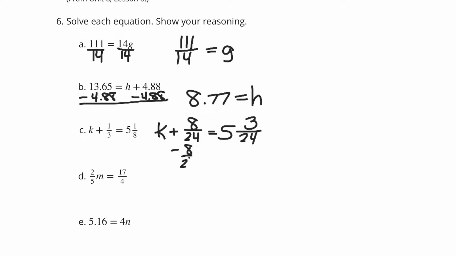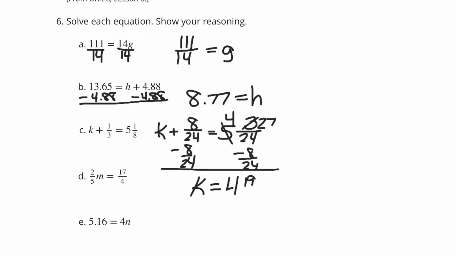Subtract the 8/24ths from both sides, and you get k equals, well, we got to do some borrowing here, unbundle. You get 4 and 27/24ths, and so now you're left with 4 and 27 minus 8 is 19/24ths. So k is equal to 4 and 19/24ths, or some equivalent to that.